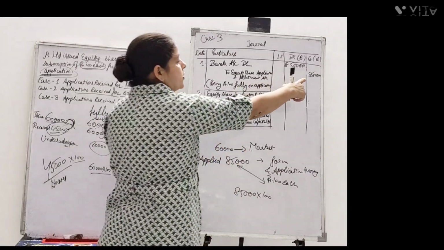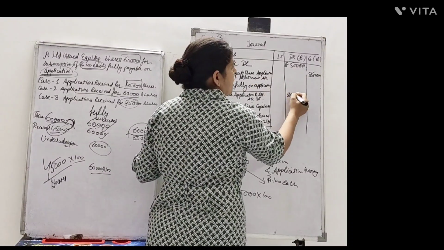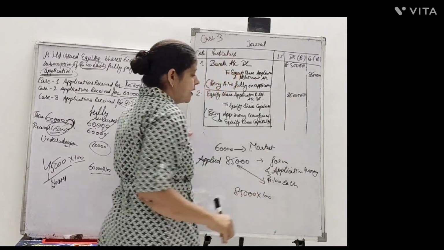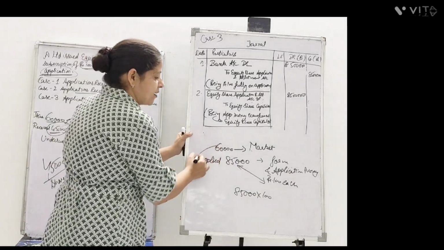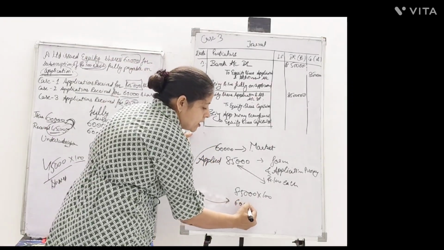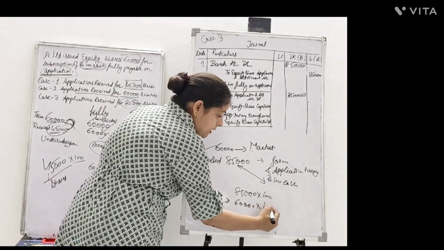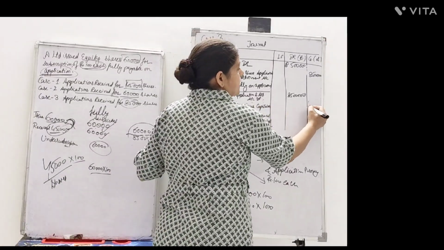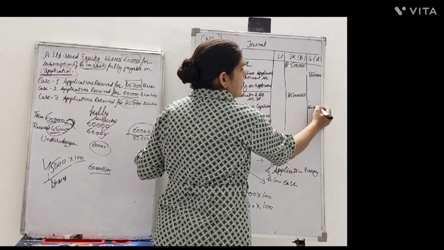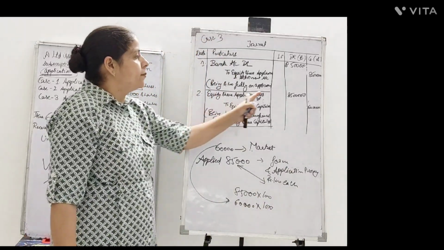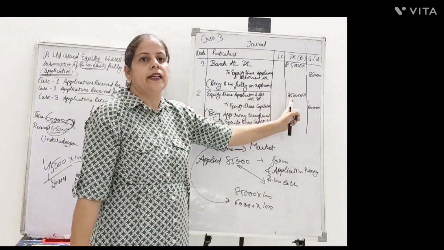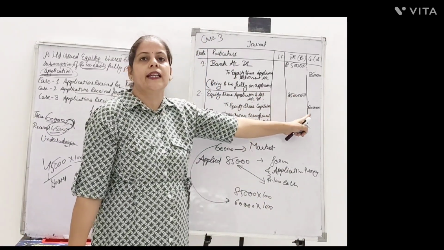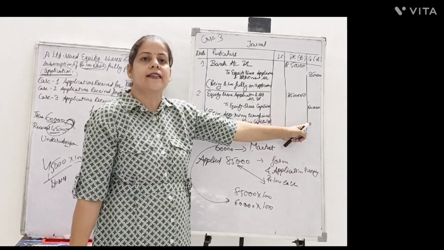Now, out of this 85 lakh, how many shares can they allot actually? That is 60,000 shares, right? So 60,000 into 100, they can keep with themselves 60 lakh, right? Now debit is not equal to credit.